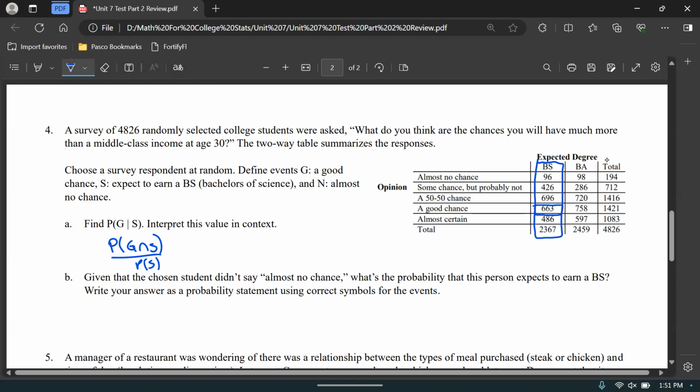So 663 people think they have a good chance and expect to have a bachelor's of science, out of the total of people who have a bachelor of science, which is 2367. So it's 663 out of the 2367, which proportionally comes up to 663 divided by 2367, which is 0.28.